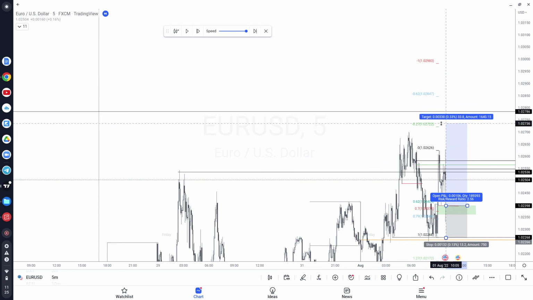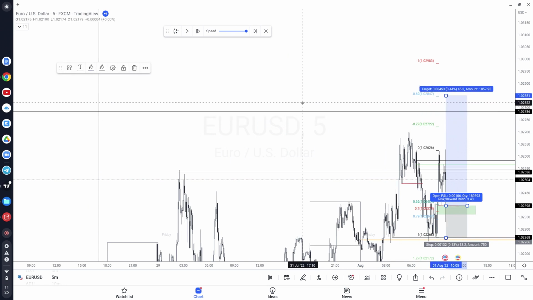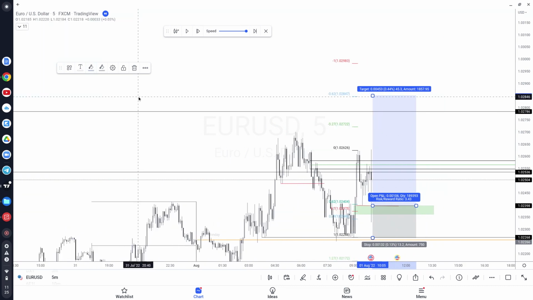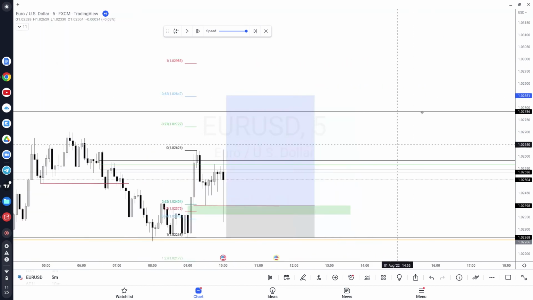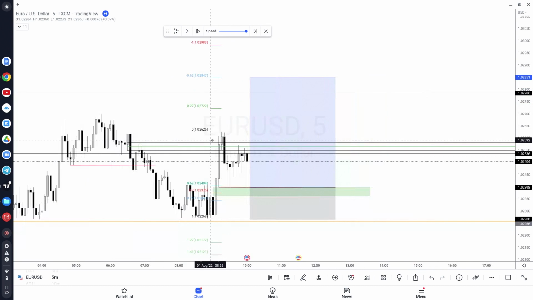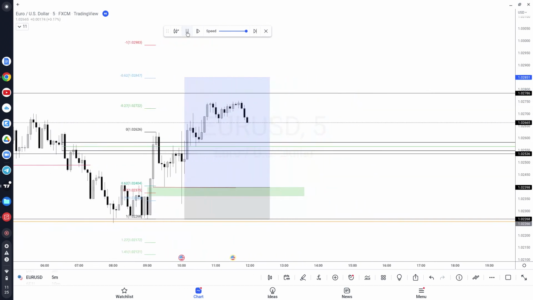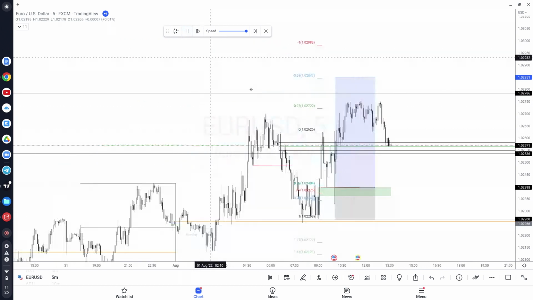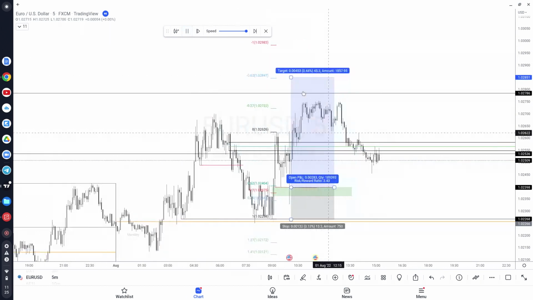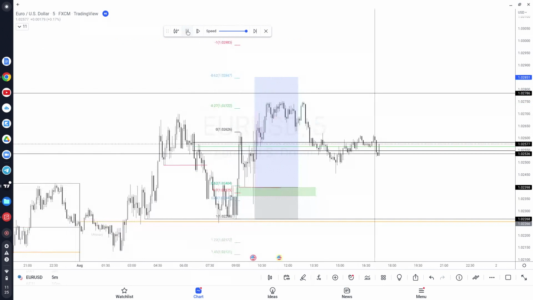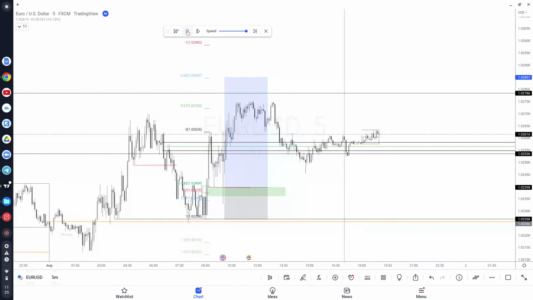But this would be a target, this would be a target, and of course, I'm not going to go through all of this right now because most of us should be able to do that study on our own. But as you can see, price does reach up, and we get a pretty decent expansion higher, for decent profits here. Pound USD is pretty much the same.